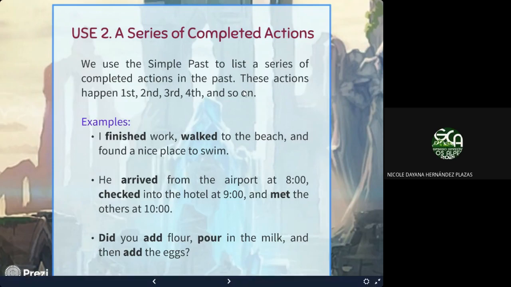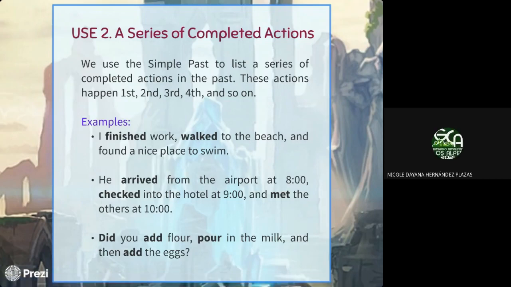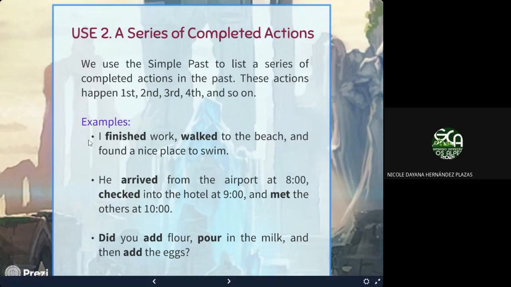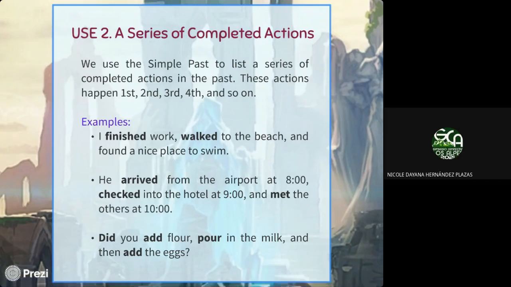Okay, guys. So, now, when you have a list of things that happened in the past, completed actions, finished actions, you are going to use past simple. So let's take a look at the examples. First of all, I finished work, walked to the beach, and found a nice place to swim.